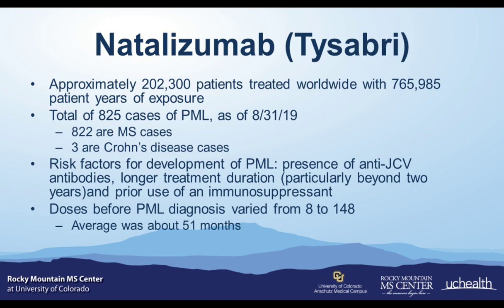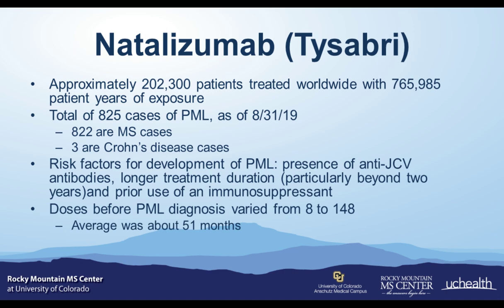Now, because there have been such a significant amount of cases of PML on Tysabri, we do have better information about what puts one person at higher risk of PML compared to others. The 3 risk factors that have been very strongly associated are, of course, having the JC virus antibody and having more of those antibodies, being on the treatment for a longer period of time, particularly past the 2-year benchmark, and having used an immunosuppressant medication in the past.